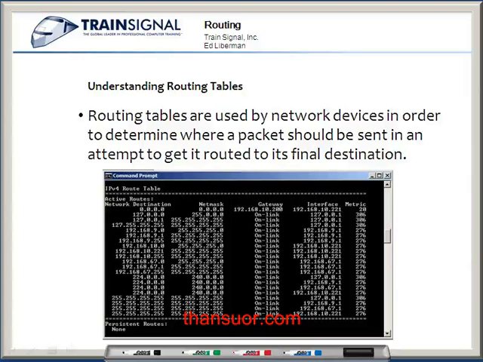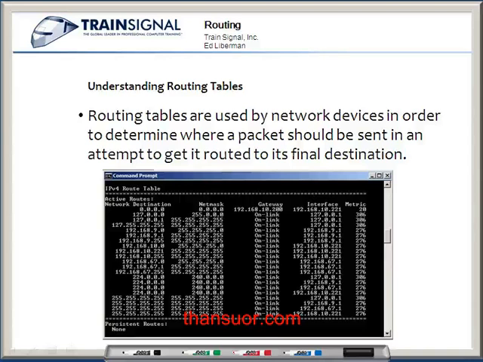What do I do with it then? Or what if it's the IP address of a computer that's on a different network, or maybe we'll say the next network over? What do I do with it then? Or maybe it's the IP address of a network that's far, far away. What do I do with it? Well, the routing table is what is used to determine what you're supposed to do or what the network device will do with that packet.